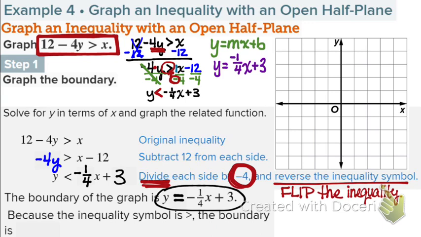Which piece of that is the first point that I should graph? 3. That's my y-intercept. That's my b value. Let's go plot that one on our graph. Right here.